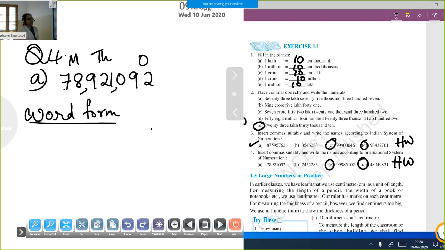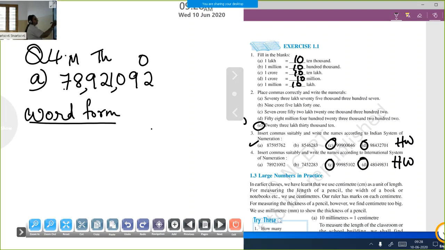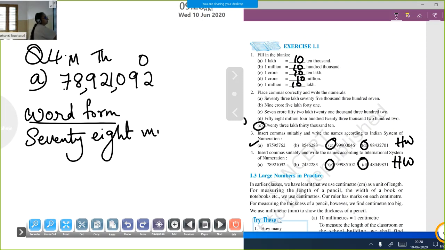How to write the word form of that number? Okay, 78 million. Then what is next? 921,000.